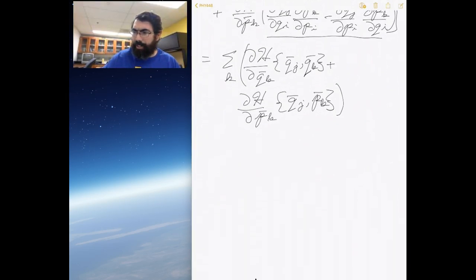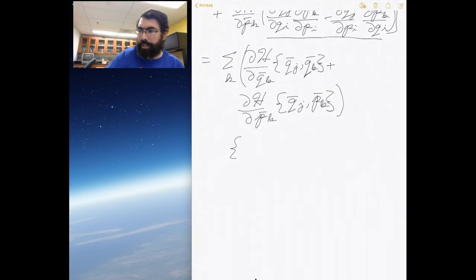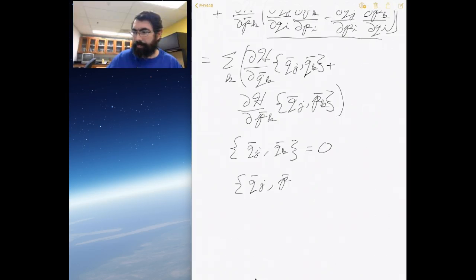And if you remember the identity, the Poisson bracket of two positions is 0, and the Poisson bracket of the position and the momentum is the Kronecker delta. So in this case, it would be jk, right here.